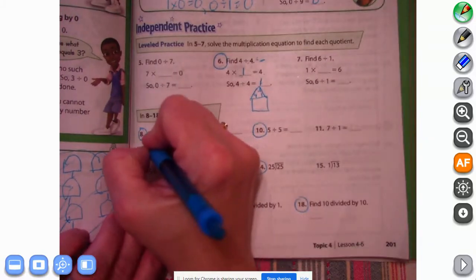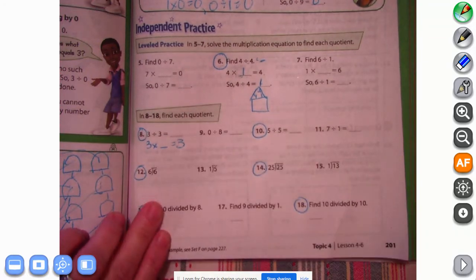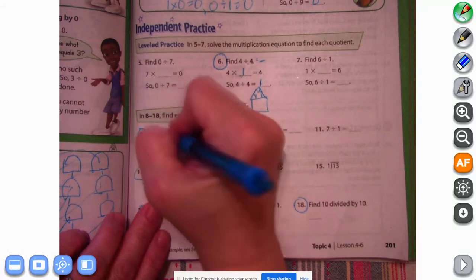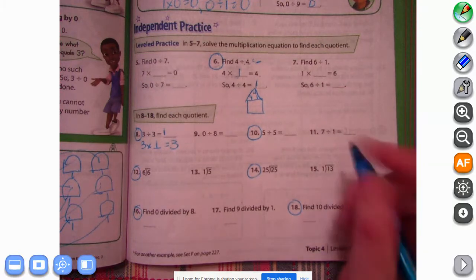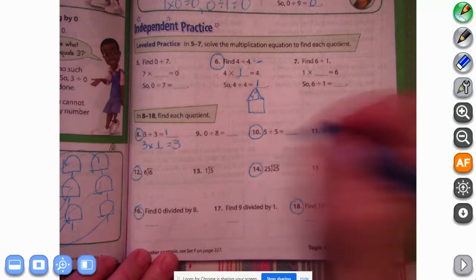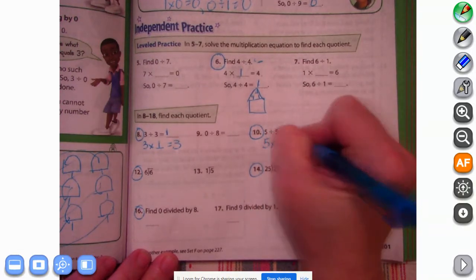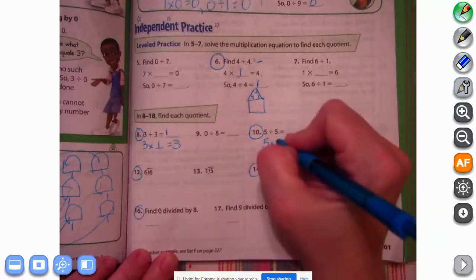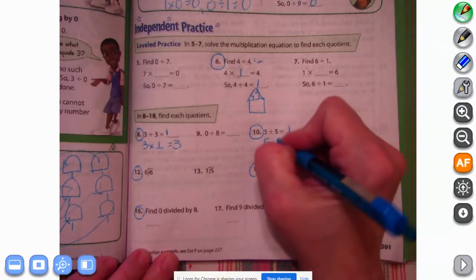So I know that 3 times what number would be 3? And I know that's going to be 1. All right, number 10. 5 divided by 5 is the same as saying 5 times what will equal 5? 5 times 1 will equal 5. Make sure that looks like a 1.